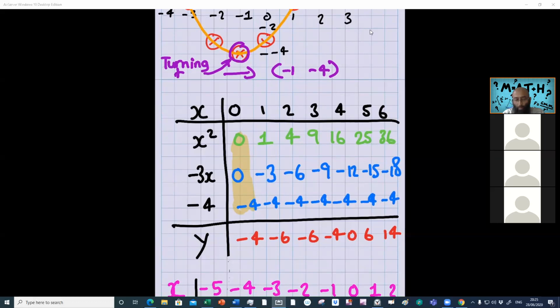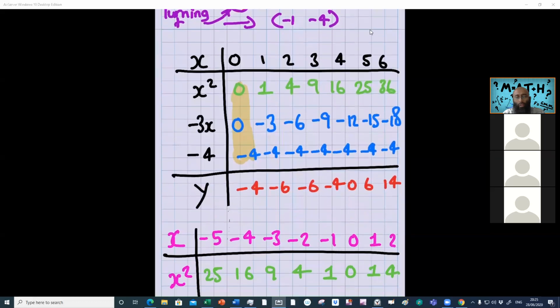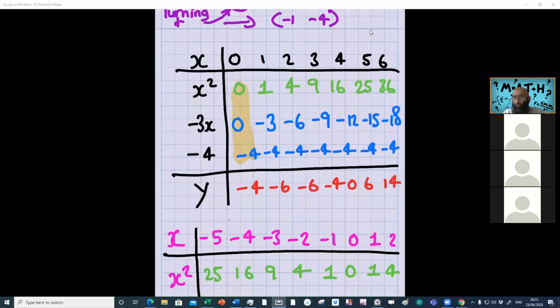Okay, so what's the first one? This is x squared. What do you get for x squared? For x squared, I got 25, and then 16. Oh yeah, sorry, 16. And then 9, and then 4.